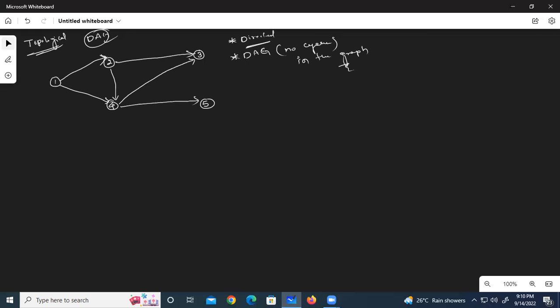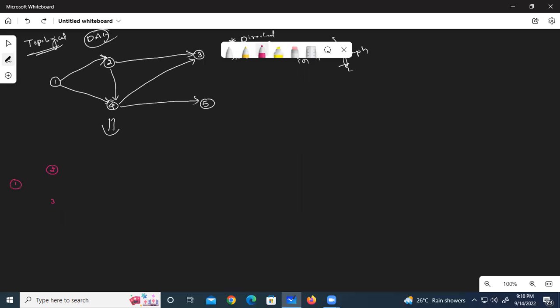Let's solve this one. One more time I will write this diagram so that we can solve it properly. Let's take diagram 1. So 1 to 2, again 2 to 3.